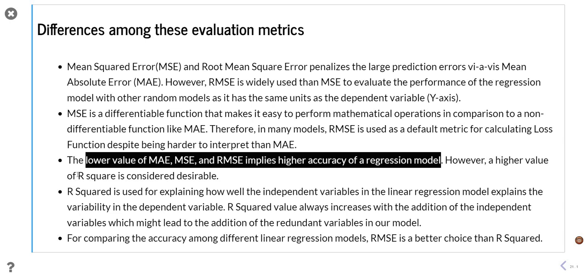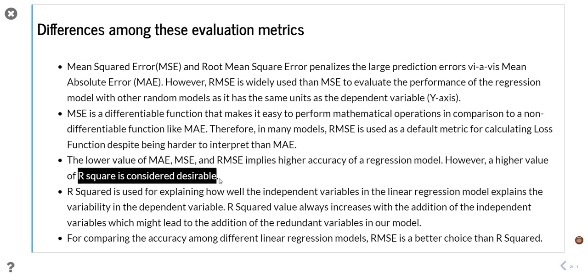But for R squared, the higher value is considered desirable, because the higher the value, the more it shows the variability of your independent variables with regard to the dependent variable.